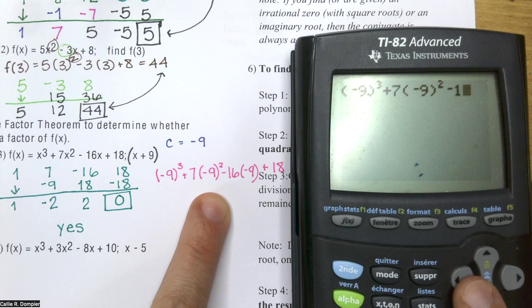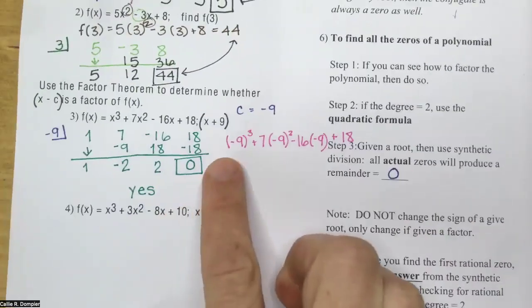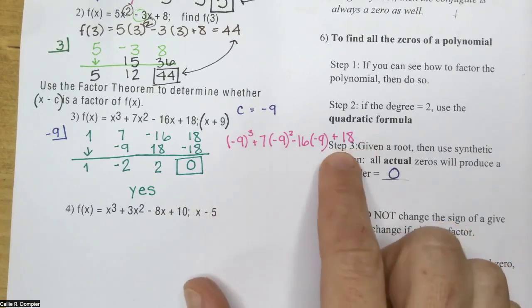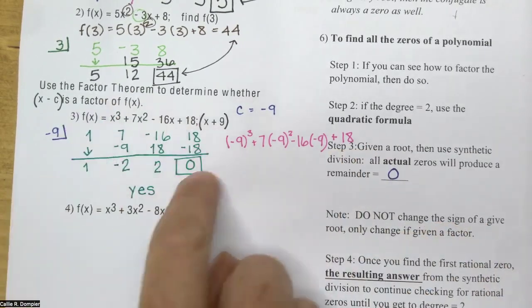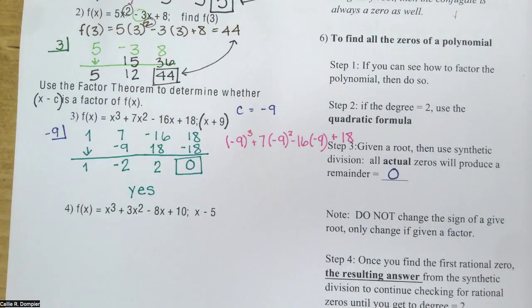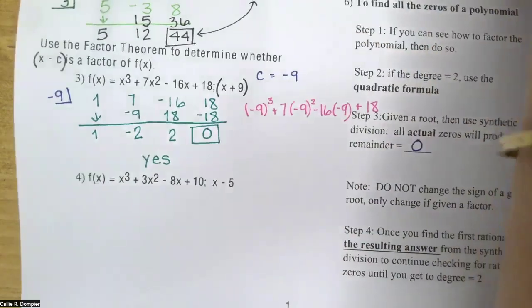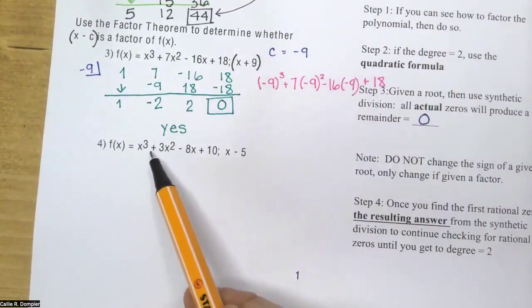Minus 16 times negative 9 plus 18. And it gives me the answer of 0, so that is a 0, okay? I just proved it, but I don't want you to use that method. I would like you to use this method because this is what we're going to use for all the rest of this lecture. Good? Okay.